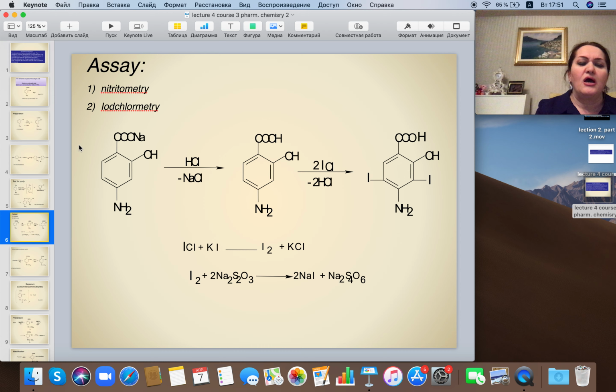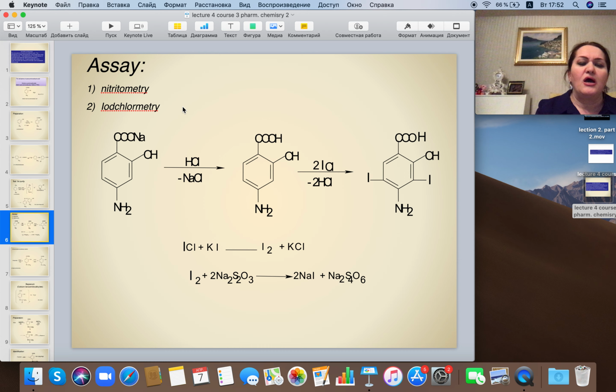Now we speak about assay. Because this preparation has a primary aromatic amine, it is determined by the nitritometric method, and the nitritometric method belongs to the chemical volumetric methods. In nitritometry we use sodium nitrite as titrant.